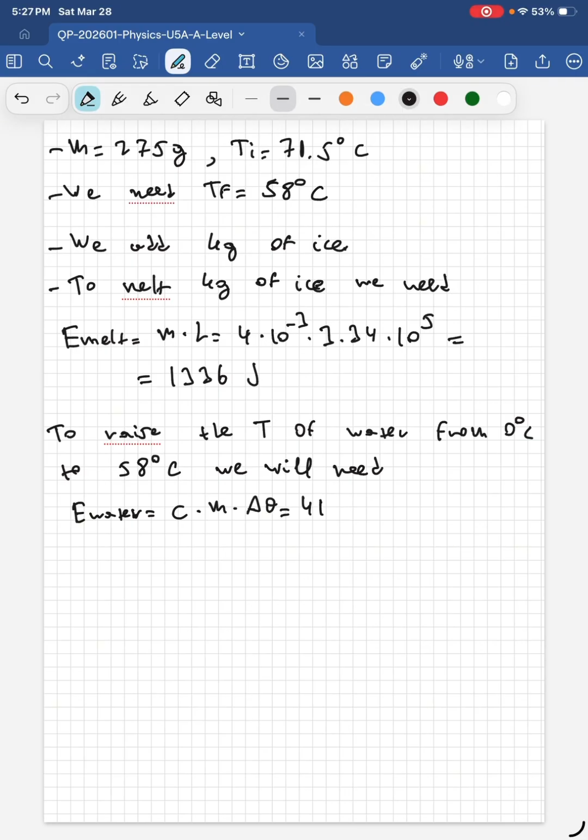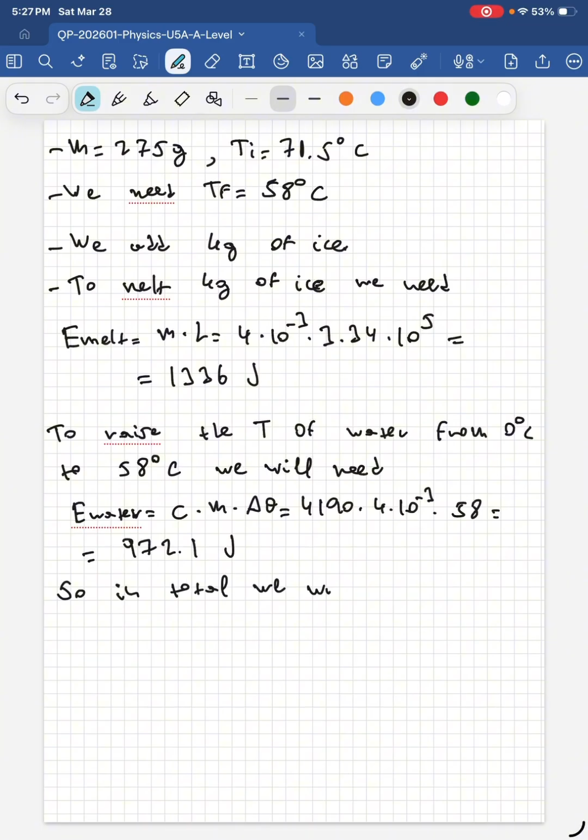C is 4,190, the mass is still 4 grams, 4 times 10 to the negative 3, and delta theta is 58 degrees. When we work with energy needed to raise the temperature of a material, delta theta in Celsius is the same as delta theta in Kelvin. But in general, when you work with temperature, it's safer to convert to Kelvin. So the energy of water we need is 972.1 joules.